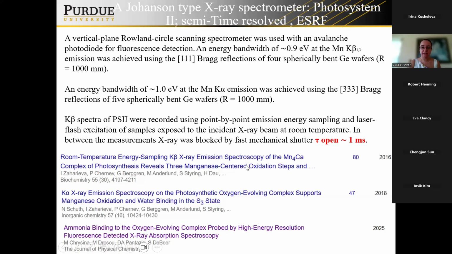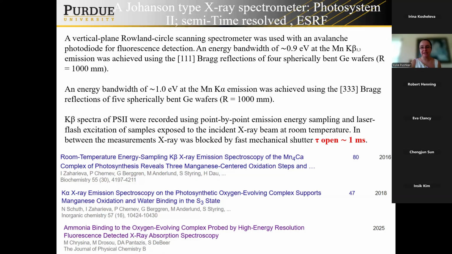And they made early attempts at time-resolved analysis of photosystem 2, using a fast mechanical shutter with a response time of 1 millisecond. So now you immediately compare 1 millisecond to the transient process of 1 millisecond in that catalytic cycle.